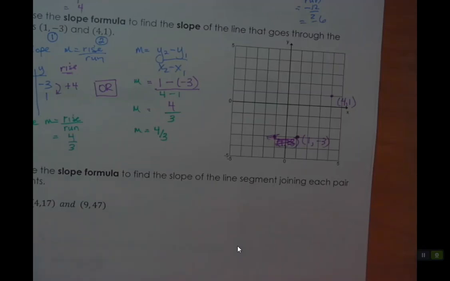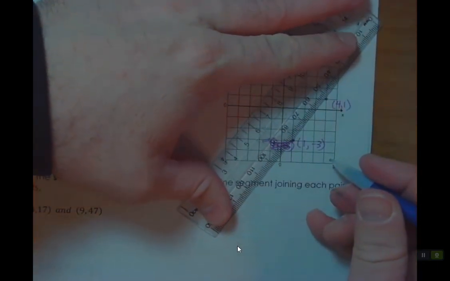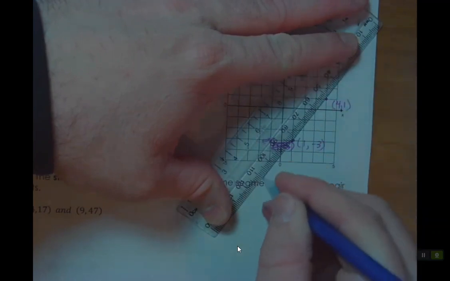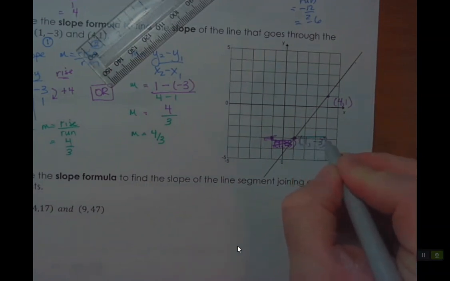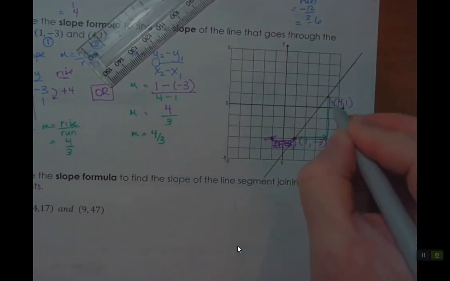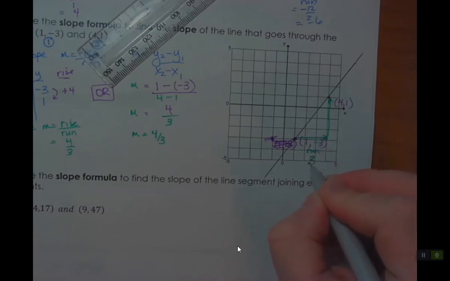All right. Then I can draw a line. Get my pencil here. And then I can just find my rise and run. There's my run. Well, my run went 3 units.